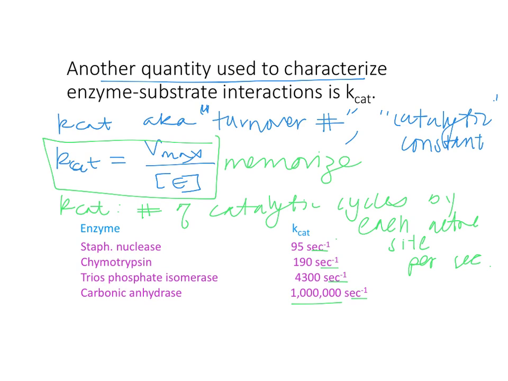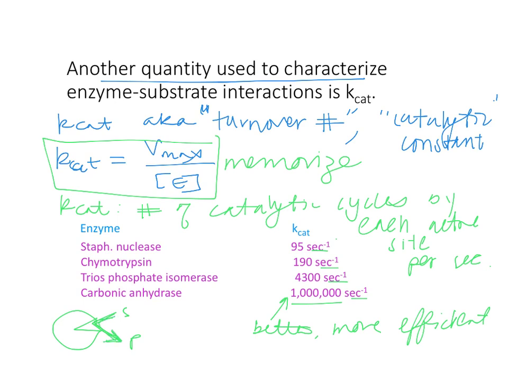So it's just kind of the opposite of Km. Here, the bigger the number, the better or more efficient. Basically, it's how quickly a substrate, when it enters the active site, is turned over into product. So how quickly the substrate is turned over into product is the turnover number, and the faster the enzyme is at this, the better the enzyme. So bigger numbers are better here.